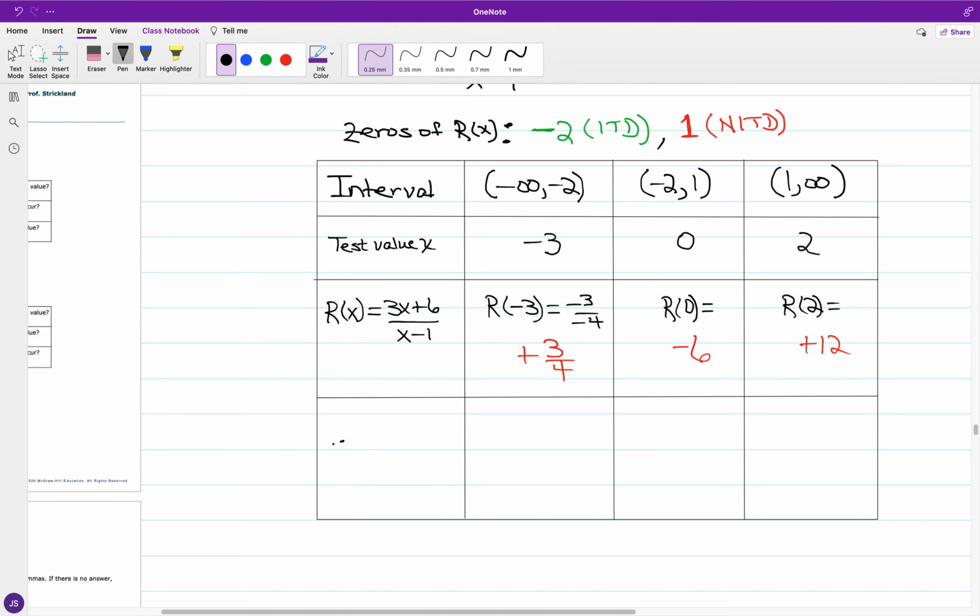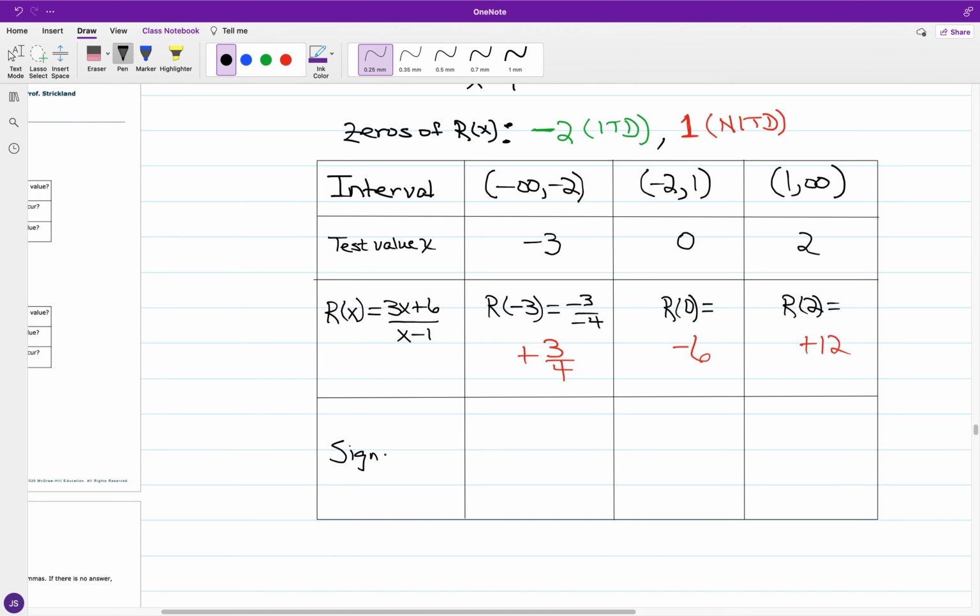And then we have the sign of r of x. For those values x less than -2, we have a positive output. So we're going to have r of x is greater than 0. Not less than 0, but greater than 0.